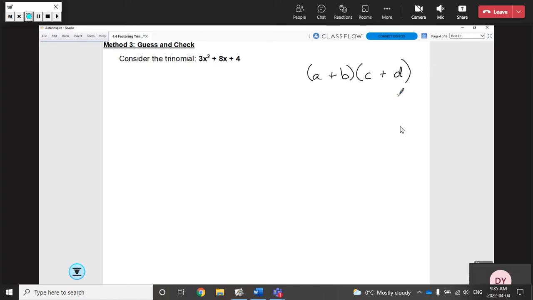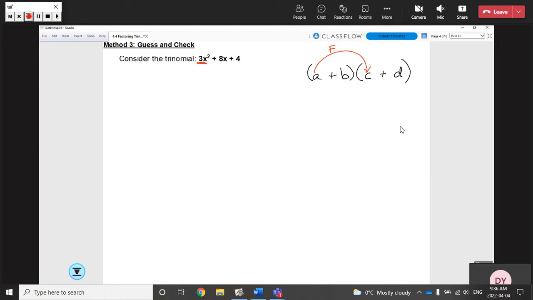We have usually four different terms here. Now, the result of the first term in FOIL is the F, right? So the way we get the first term has to be by multiplying the first terms in the binomials.